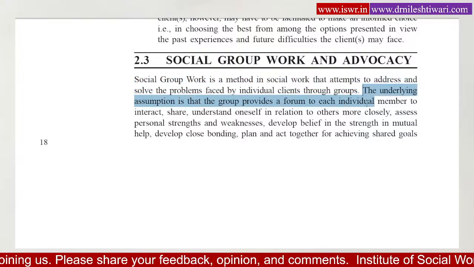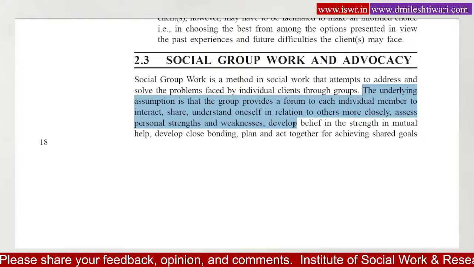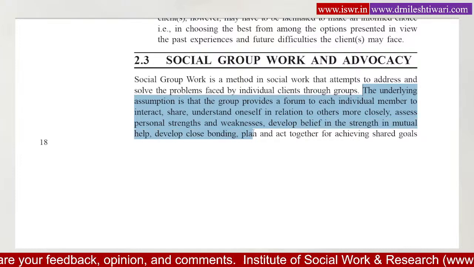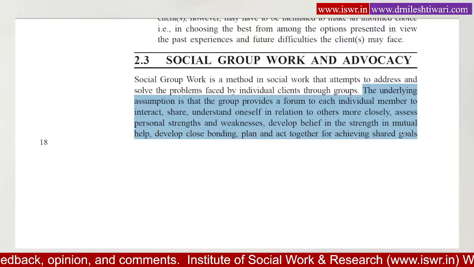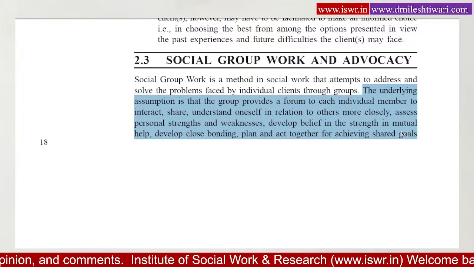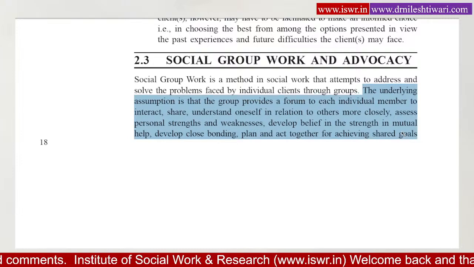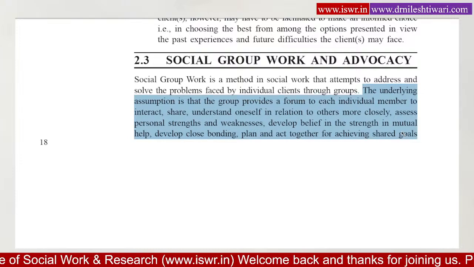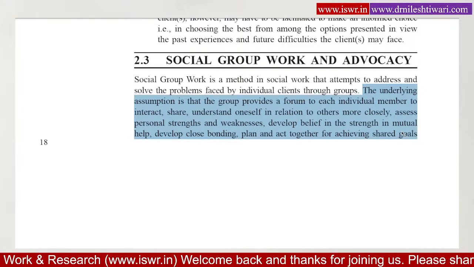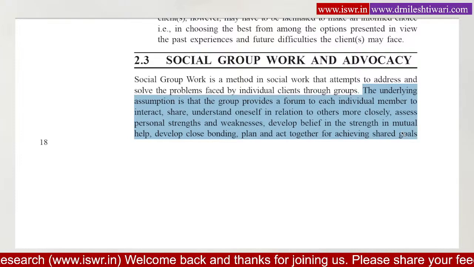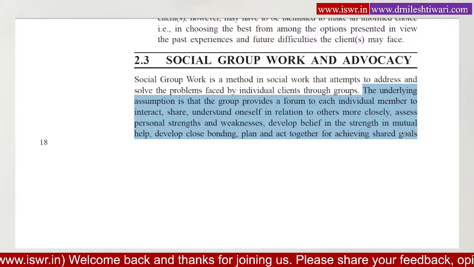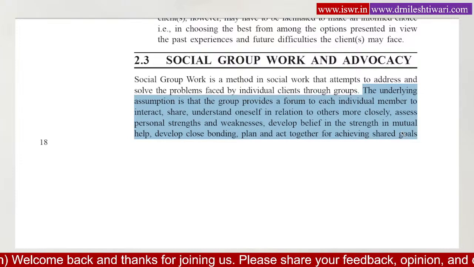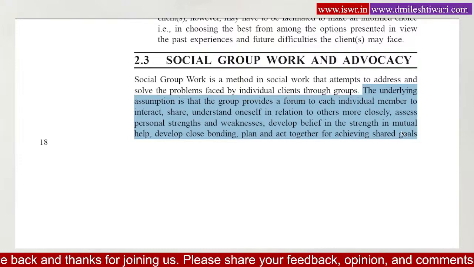Here, the important aspect is that there are several sections of society. Several people have several problems, right? So the underlying assumption in group work is that the group provides a forum to each individual member. And forum for what?